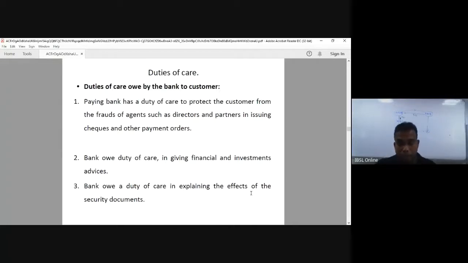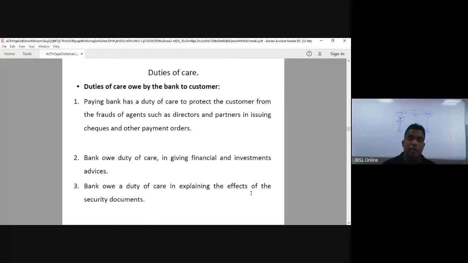While doing banking, the bank acts as the paying bank in certain situations, and sometimes as the collecting bank. Paying bank means the bank that pays the check.